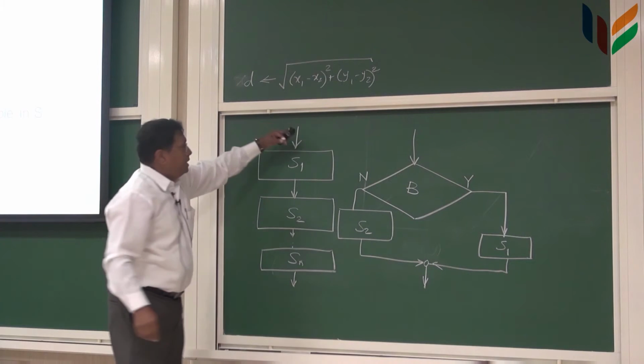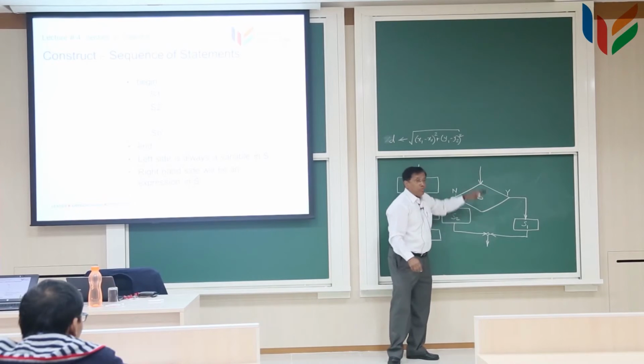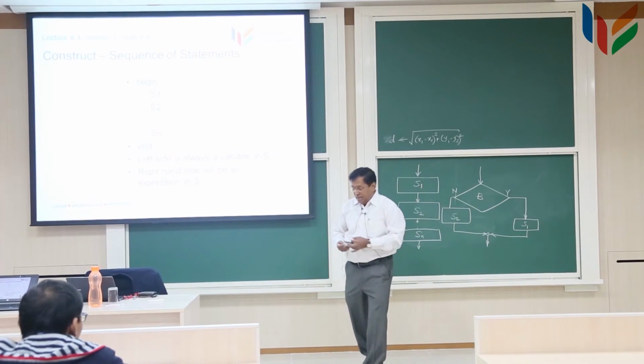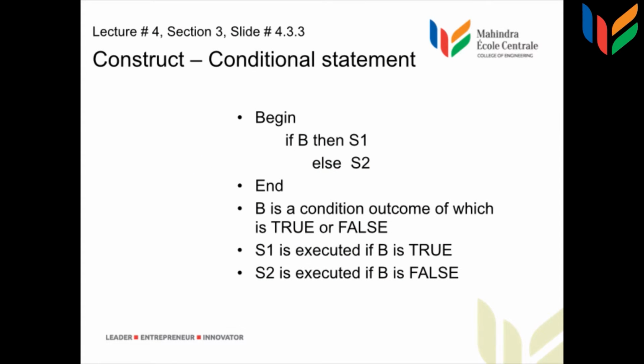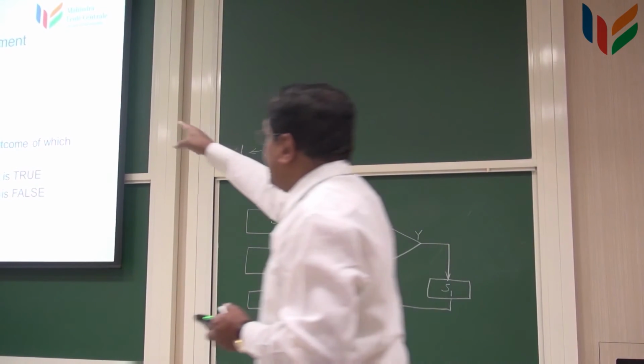So here also there is one entry and one exit. The expression is the following: there will be some condition. If that condition is true, then do S1. If the condition is false, then do S2. And this is the way it is written here.